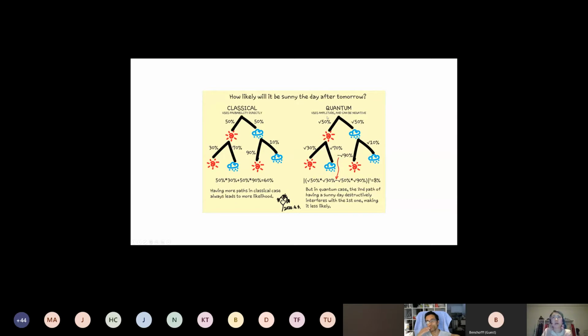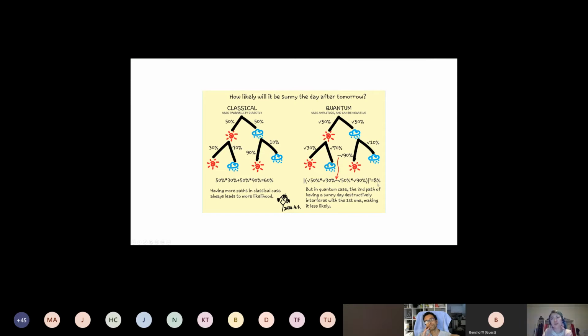Because we're dealing with amplitudes, we label the amplitude as the square root of the probabilities, and I can arbitrarily put a minus sign there. What that does is, even though you have an extra path to get a sunny day, that negative sign can subtract and reduce your probability of having a sunny day.